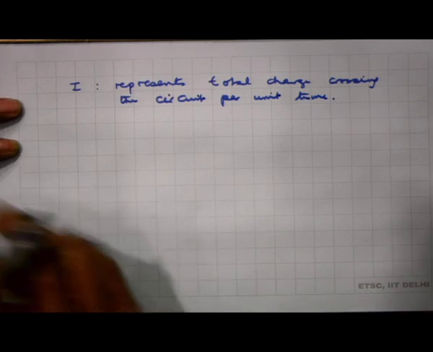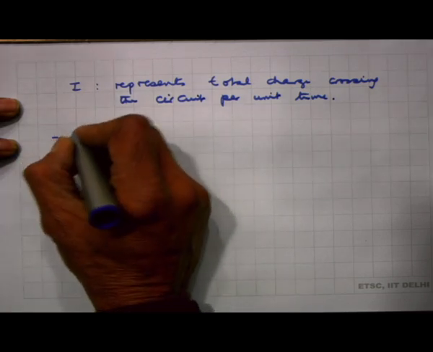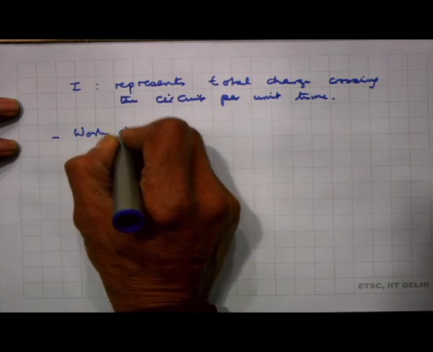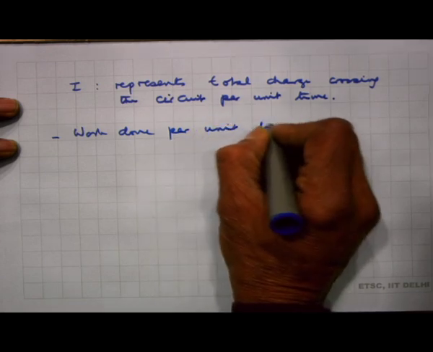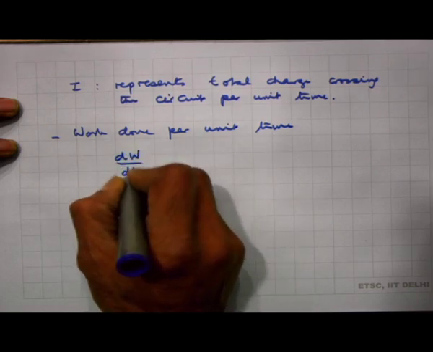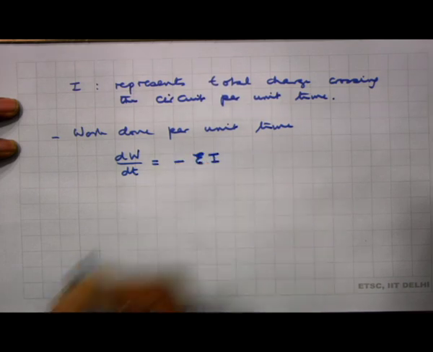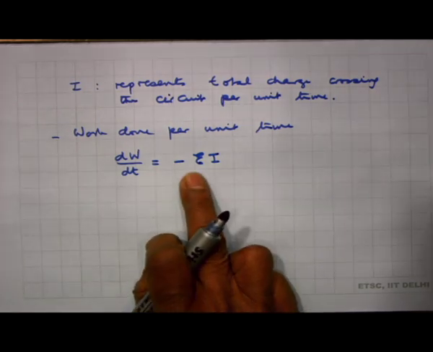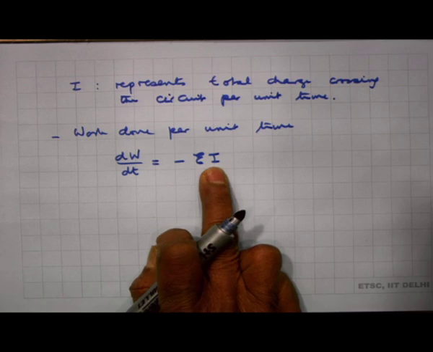So, if I neglect resistance or resistive heating, the work done per unit time, which I call dW by dt, is minus E times I. Please note, the work done in moving one unit charge through the circuit is minus E, and I represents the amount of charge crossing per unit time.